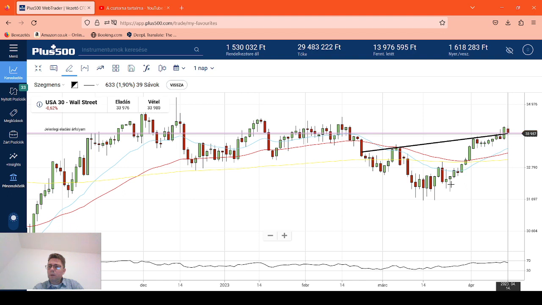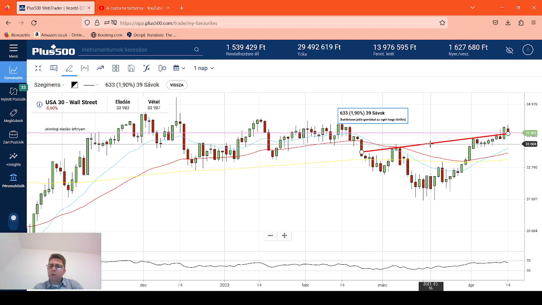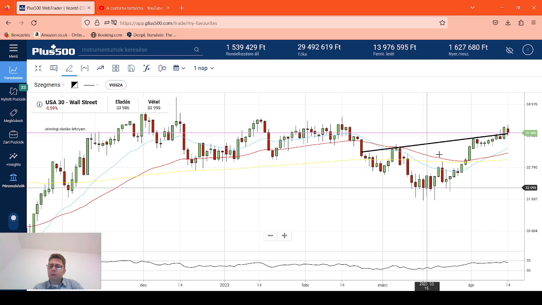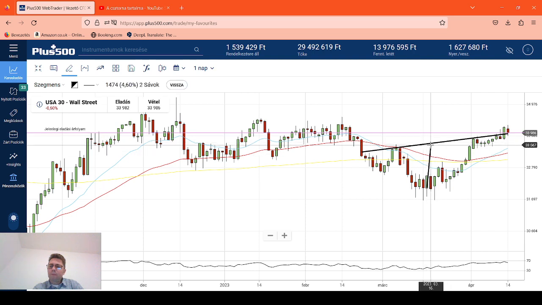Yeah, here we go. We broke out, we came back, and hopefully we will close above the neckline. In that case, this will be a confirmation, a strong confirmation of this pattern for me. And let's just measure the body. Let's be conservative.